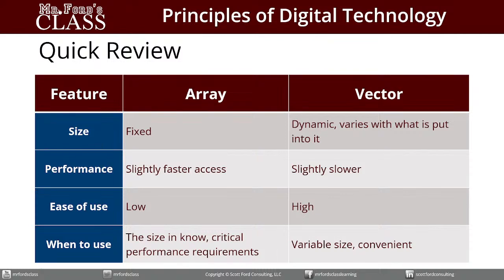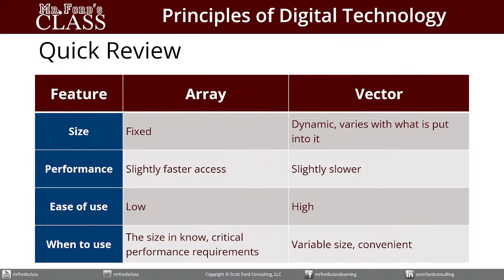So an array is a fixed size, while a vector is dynamic. It varies with what you put into it. An array is going to be slightly faster access, while a vector is slightly slower. For an array, ease of use is low, while for a vector it is high. And when you use an array, the size is known. It's for critical performance requirements.